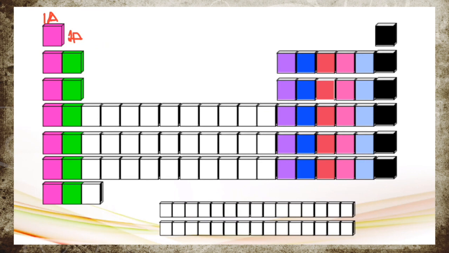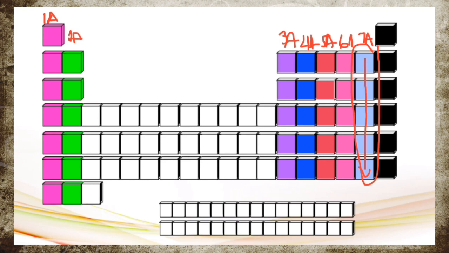Group 7A is on the most end part before the 8A. So this is 1A, 2A, 3A, 4A, 5A, 6A, and then the blue column here is what we call the 7A. These are our halogens.